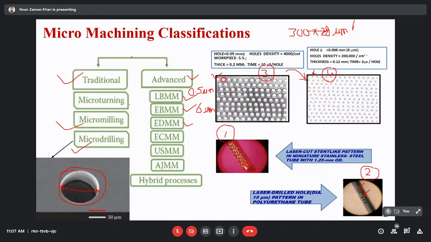Okay, now if you talk about electrochemical micromachining, this process is generally practiced in aerospace industry or automobile and other heavy industries for shaping and sizing, deburring, and finishing operations.